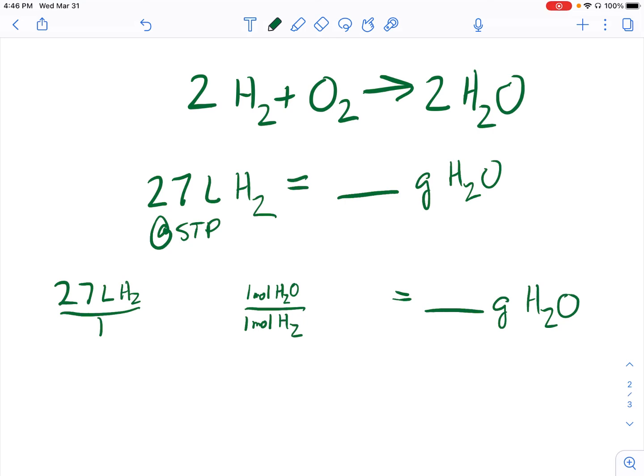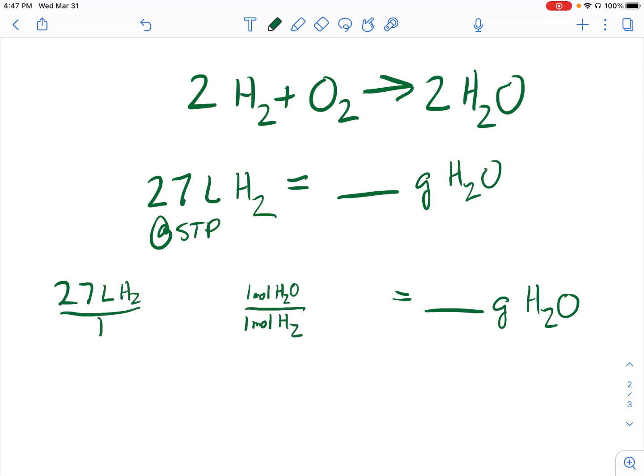And I don't really have a way to get from liters to grams. Mass and volume would require me to know a density. I don't know the density. I'd have to know pressure and, well, I guess I do know pressure and volume, but I'd have to do all sorts of things to determine the density of the gas.